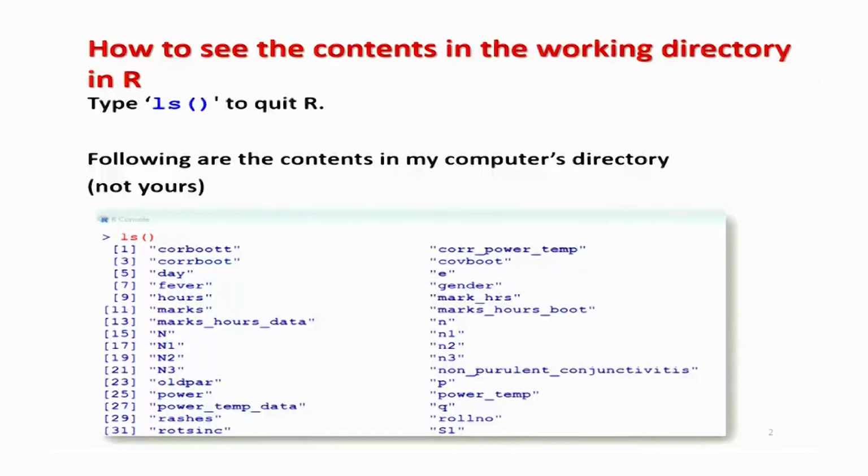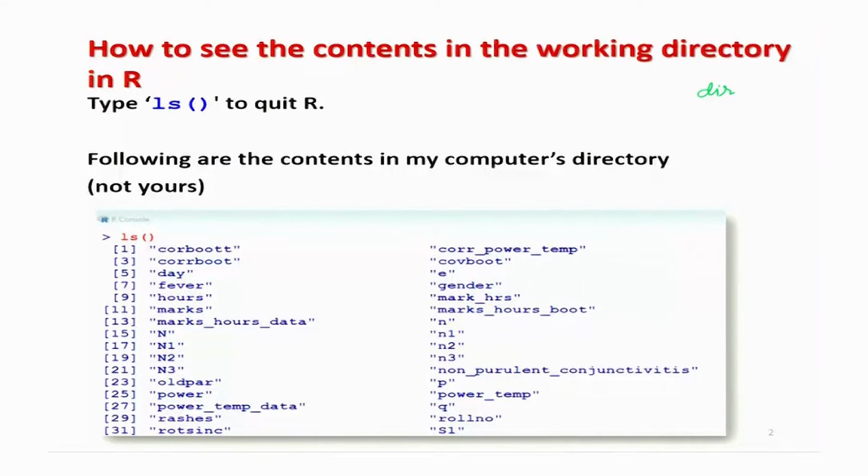Okay. So one of the basic operations when you are trying to work in the R software is that you would try to see what are the files, etc., which are available in your working directory. For example, if you are working in MS-DOS, then there is a command like dir which tells you about the contents of this directory.